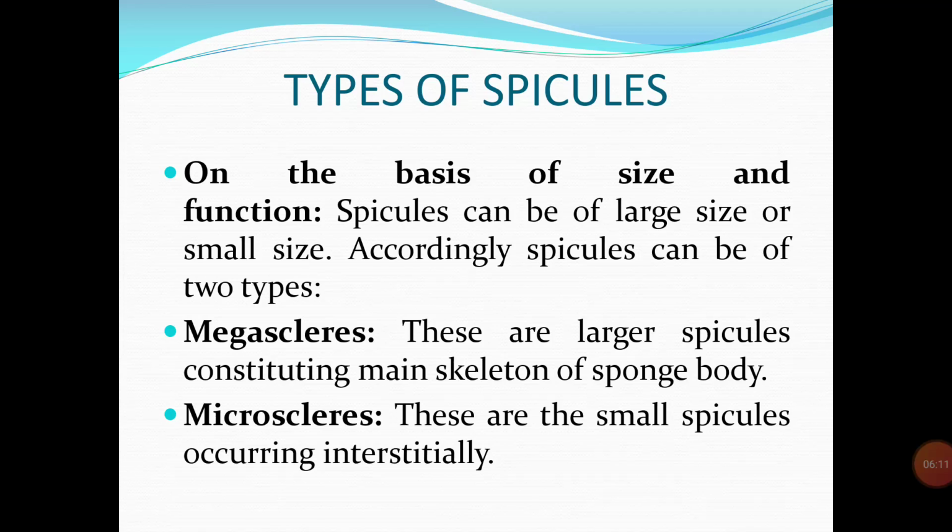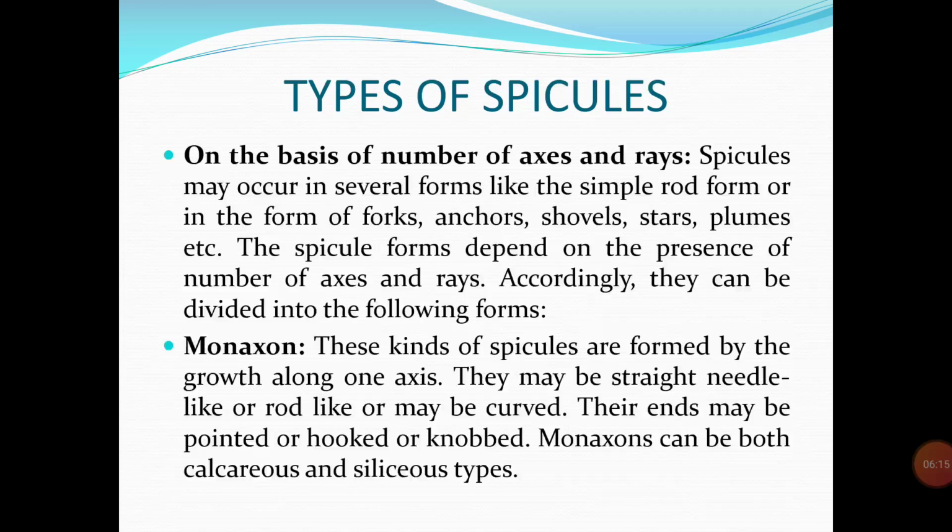These are the small spicules occurring interstitially. Now, on the basis of the number of axes and rays, spicules may occur in several forms like the simple rod forms or in the form of forks, anchors, shawls, stars, plums, etc. The spicule forms depend on the number of axes and rays. Accordingly, they can be divided into the following forms.